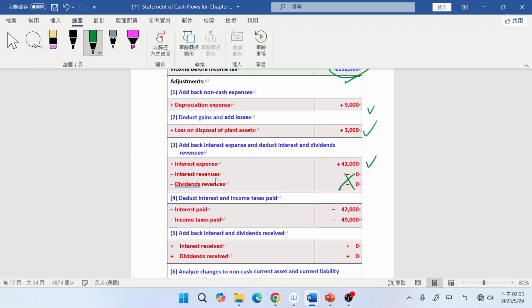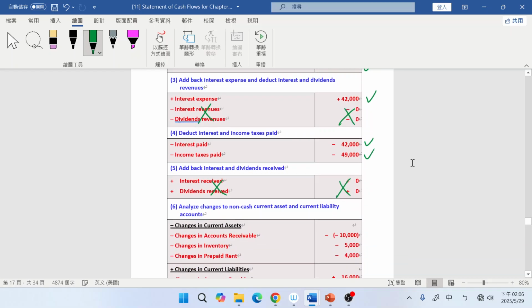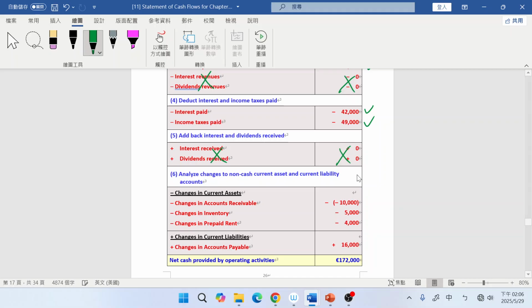You could skip the others because we don't have the information. And we use the formulas to take care about the minus change in current asset plus change in current liability. So you got the result we need. Okay? Any questions? Take a break.